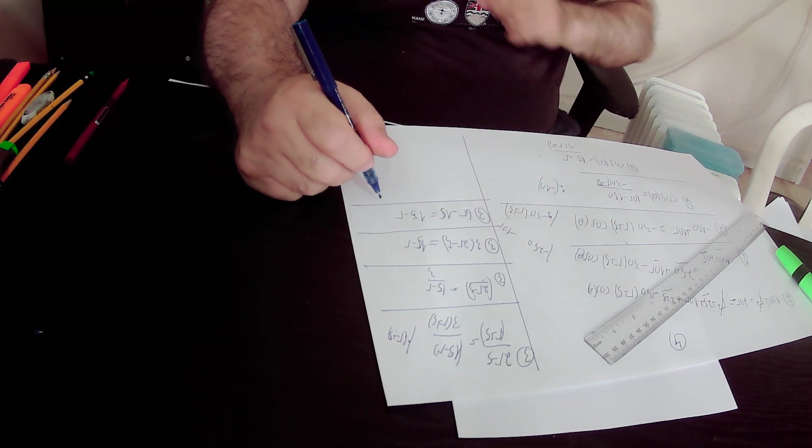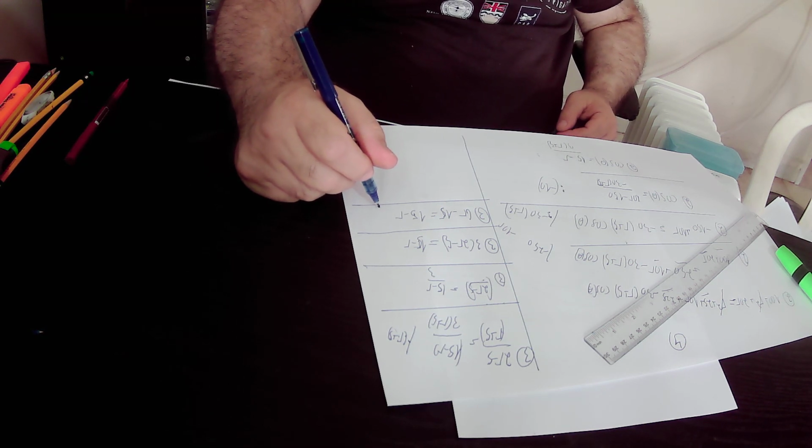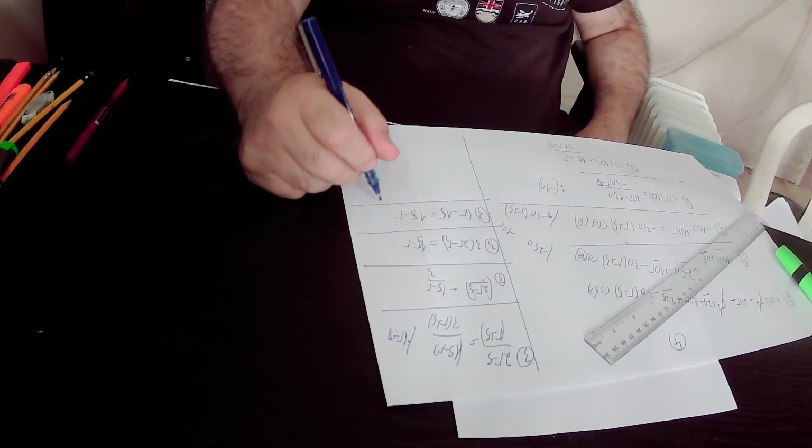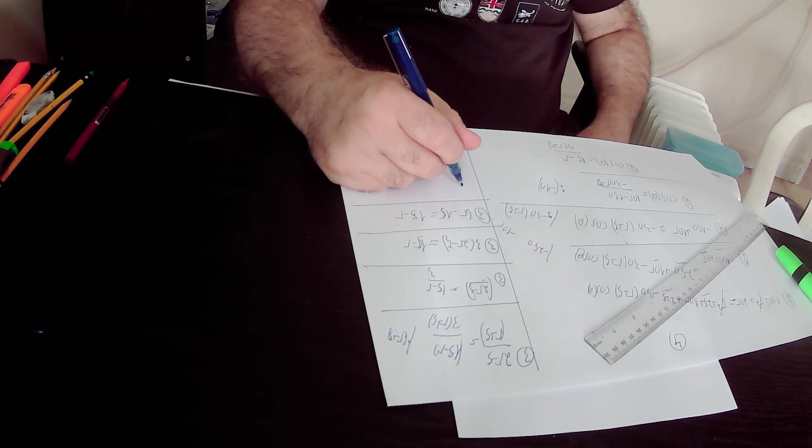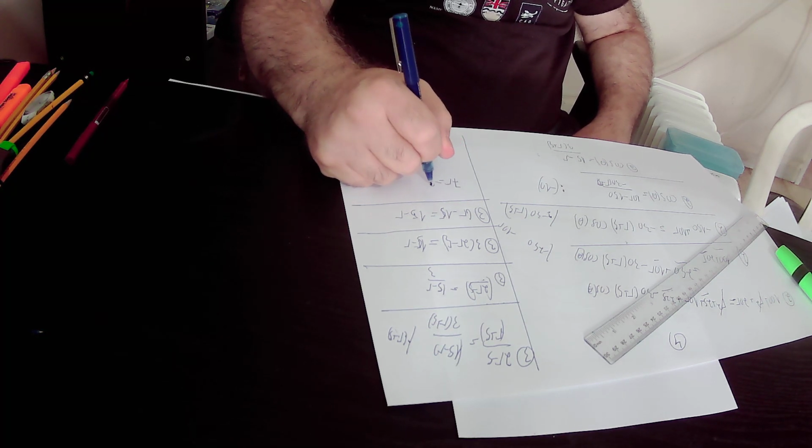Here we will add r to this equation, and then we'll add also 15. So we get that 7r is equal to 30.